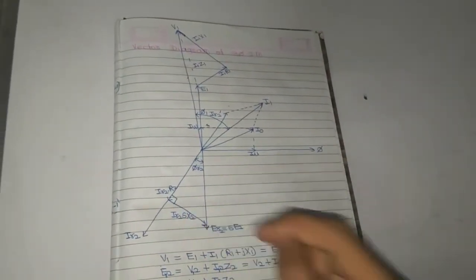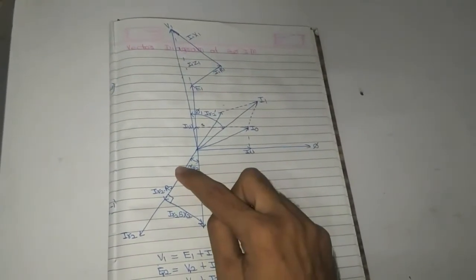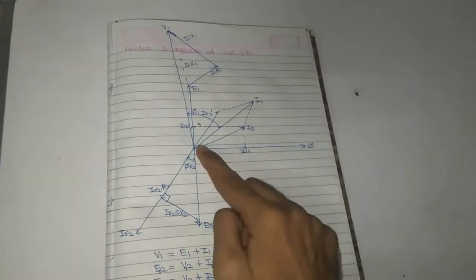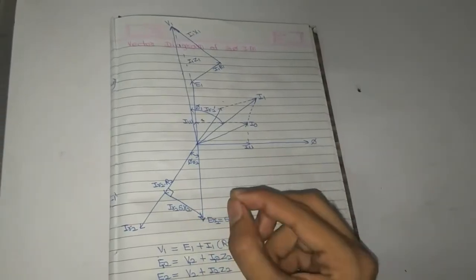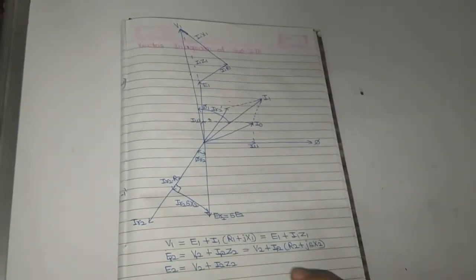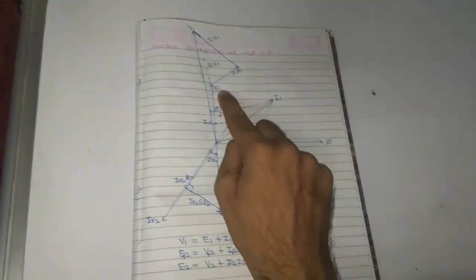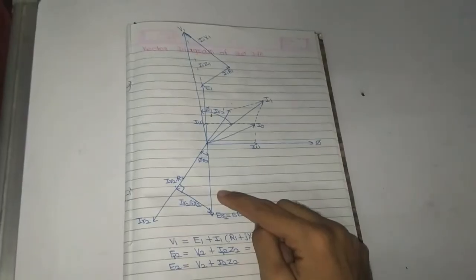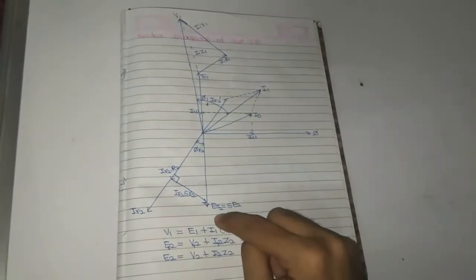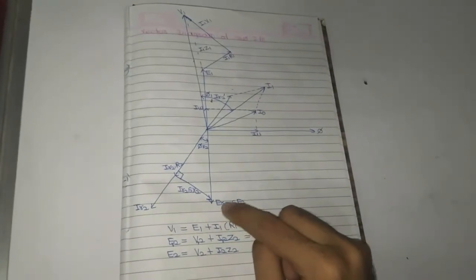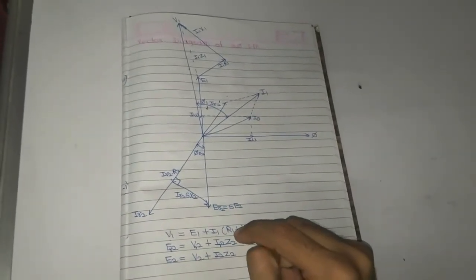Combining IR2 into R2 and IR2 into S X2, we get IR2 ZR2. And ER2 is equal to S into E2, where E1 is the stator induced EMF per phase and E2 is the rotor induced EMF per phase. It is not E2 but ER2, because it is the rotor induced EMF per phase under running conditions. So ER2 is equal to S into E2.